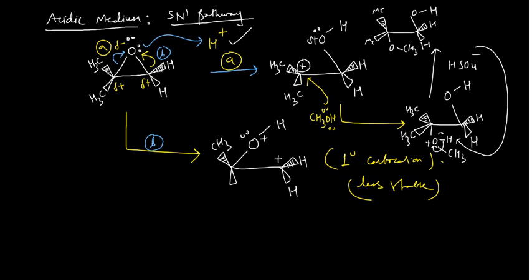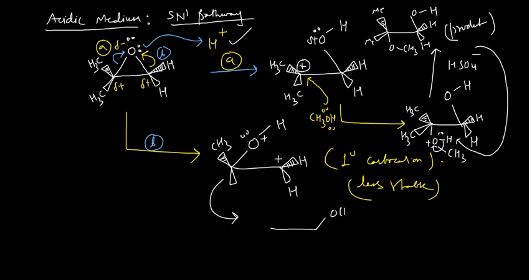This product would be the major product since it has been produced from the tertiary carbocation. Similarly, if you form the product from this one, it will give you another product which would be the less stable one. I am drawing the structure only, you can work it out on your own.